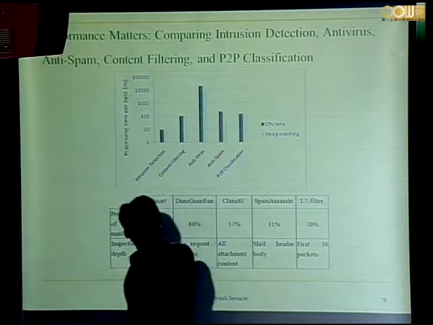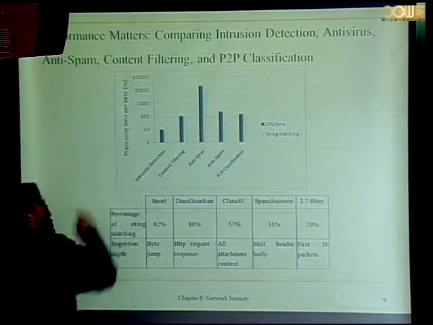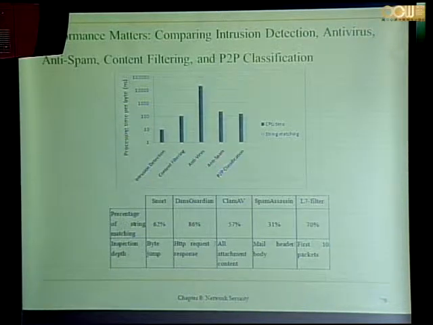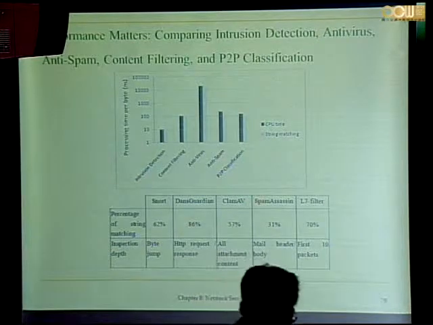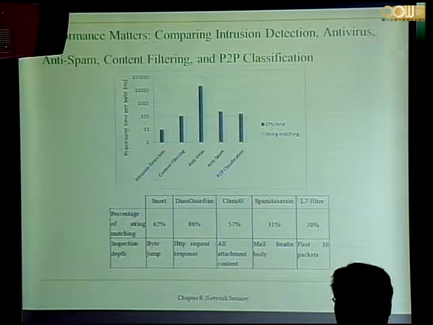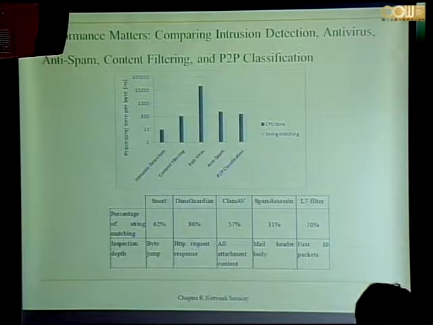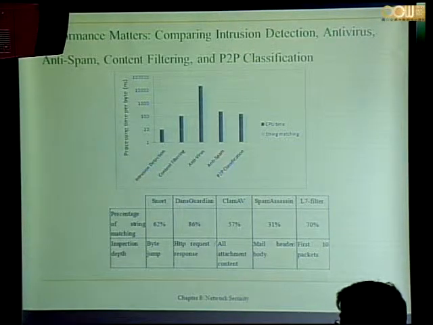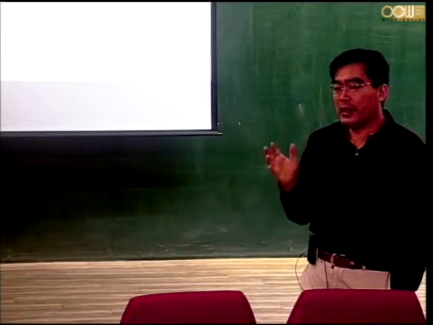And you will see which one is the heaviest. It shows the processing time per byte, the normalized latency. Which one is highest? Antivirus. Why? Because every single byte needs to be scanned in the application payload. When we say deep packet inspection, it has different levels.